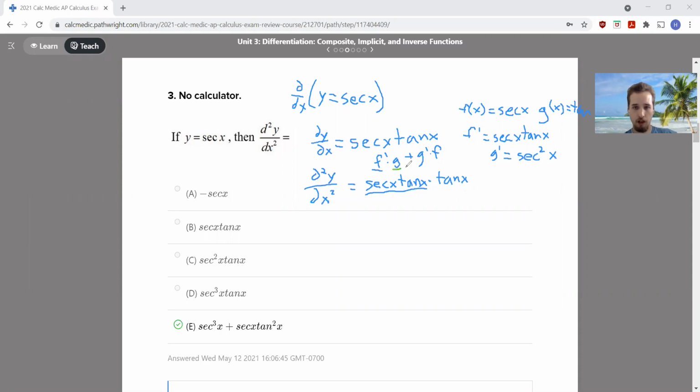G, because g is just tangent, so that's right here. Then we're going to go to the second part. G prime we determined is secant squared.